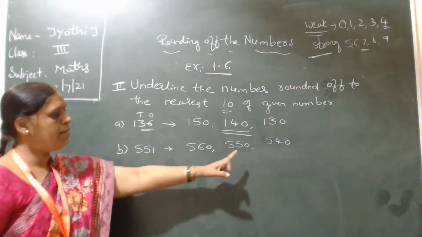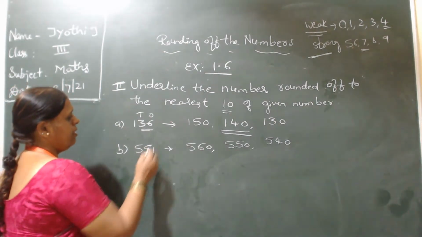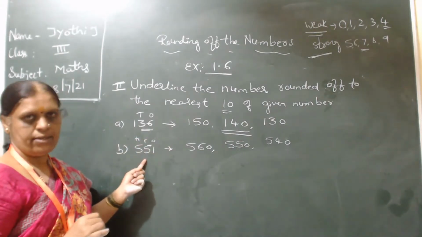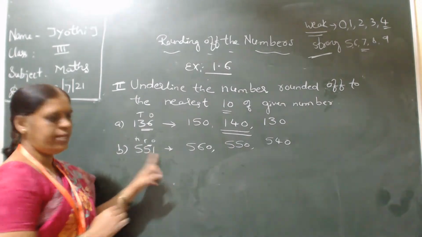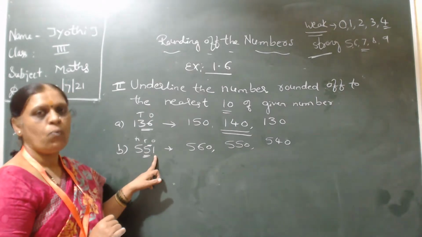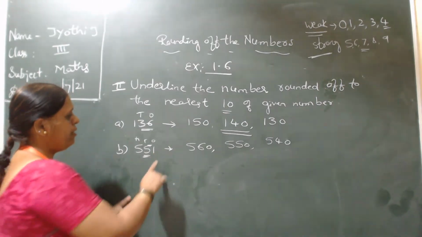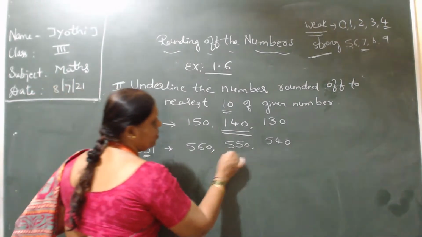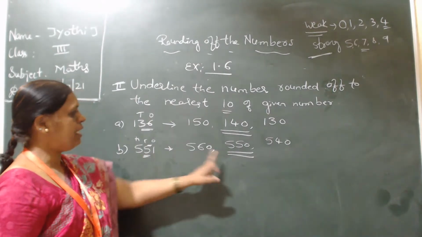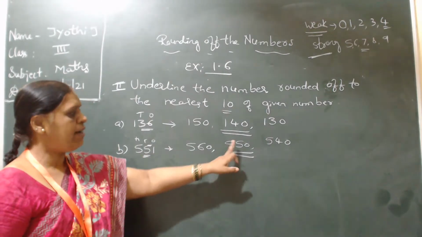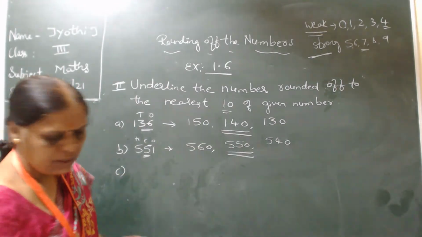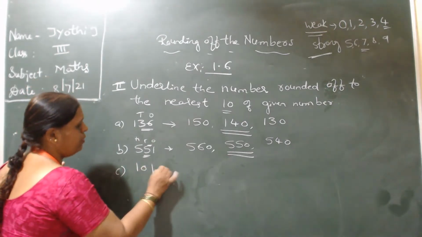So, three options are given here. 51 in tens and ones. When we are rounding to the tens, we have to observe the number in the ones place. So, this is less than 5. So, it is 550. 551 rounded to the nearest tens is 550. Now, third one, 101.